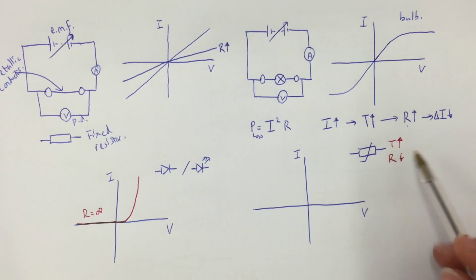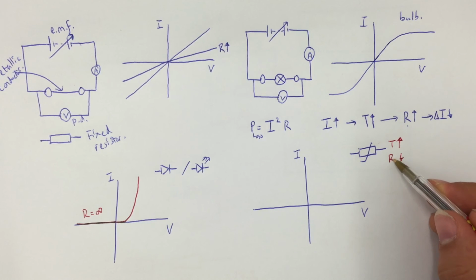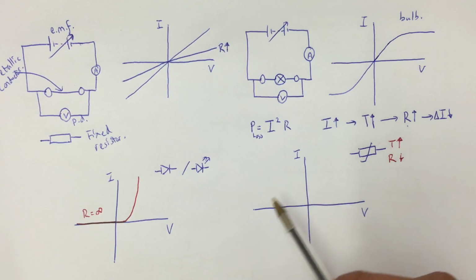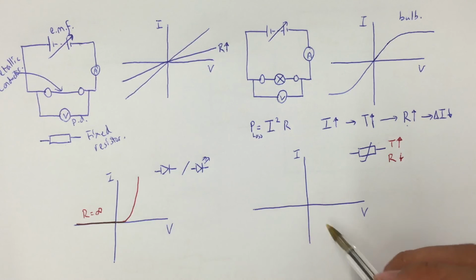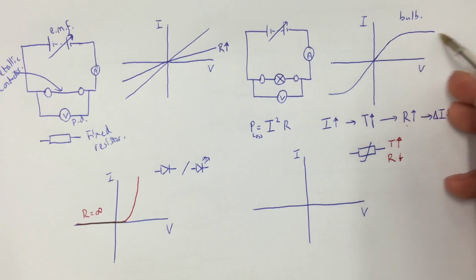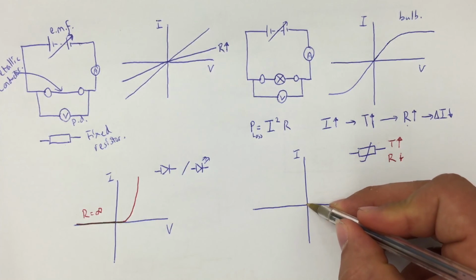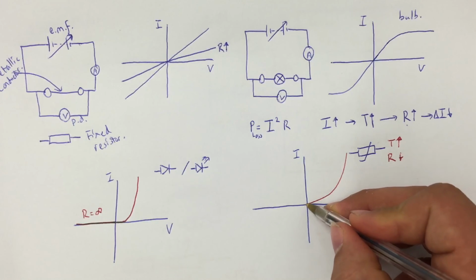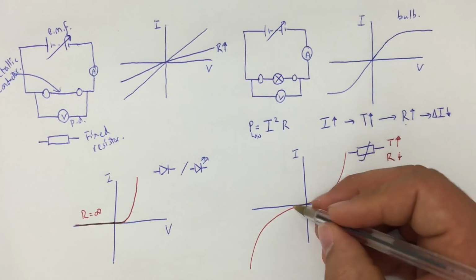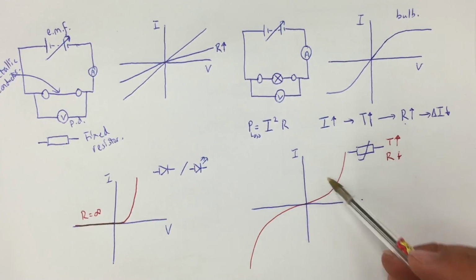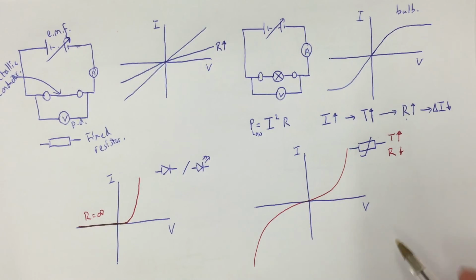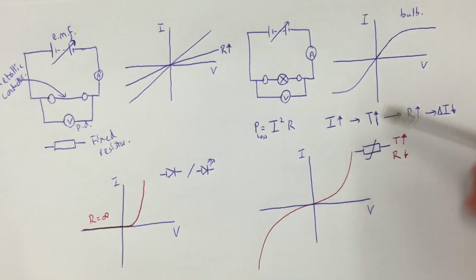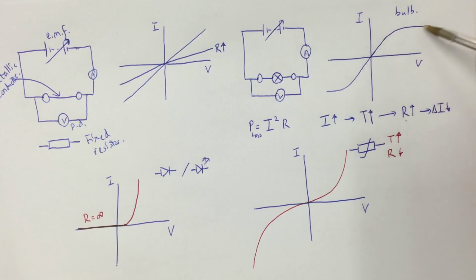So remember, if the resistance is decreasing, the gradient gets steeper. So instead of this being a curve this way, a thermistor curves this way. And so the curve goes up. Obviously as it gets hotter, the resistance gets less and less. So you can see that this is like the opposite of the shape that you have for a bulb.